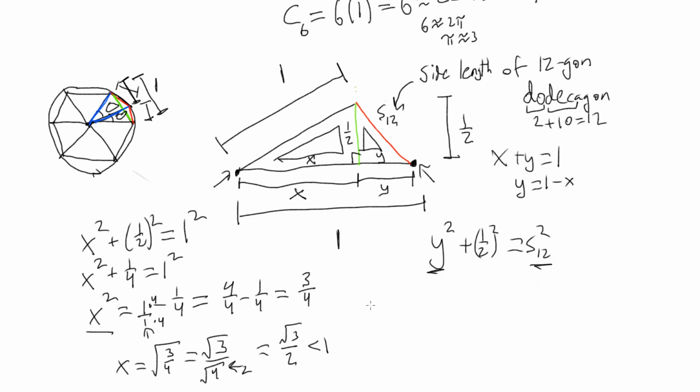So if I take the value of x that I have, I've got y equals 1 minus square root of 3 over 2. Okay, let's go ahead and work with that.